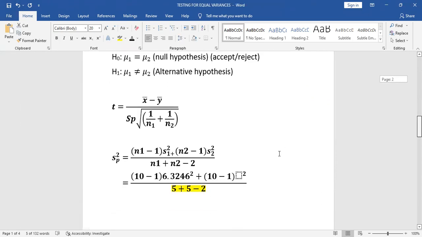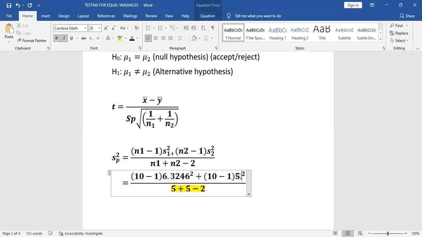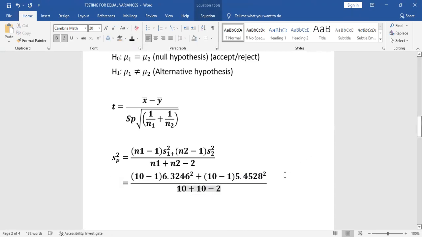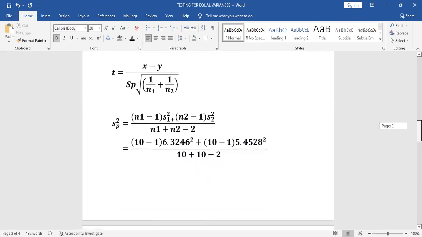Then 10 plus 10, sample size 1 plus sample size 2, minus 2. This is just a formula, and I plead that you master it. From here now I can process the computation.